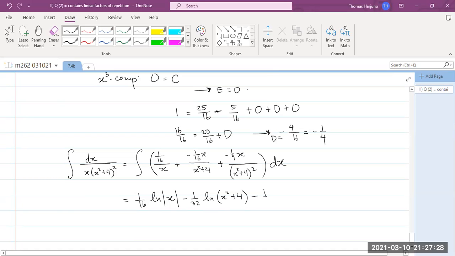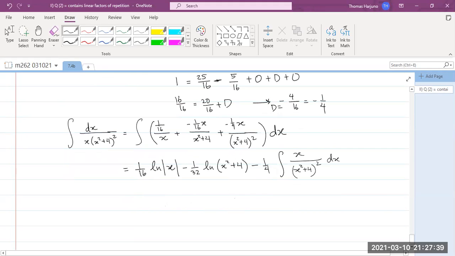So this is minus 1/4 integral x over (x squared plus 4) squared. Let me just use substitution here explicitly. So u equals x squared plus 4, so du equals 2x dx, and that's another 1/2.